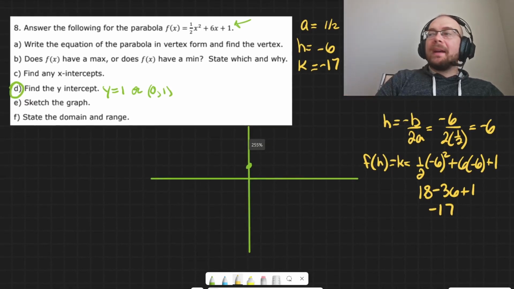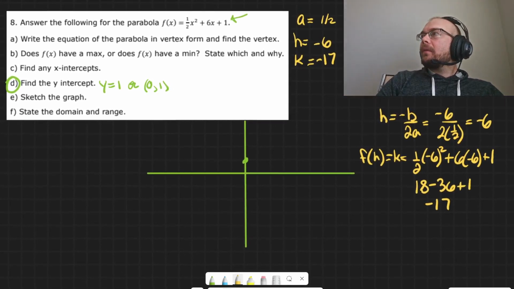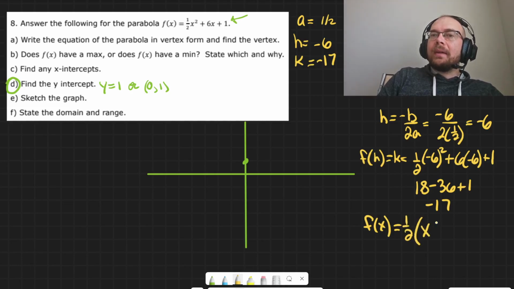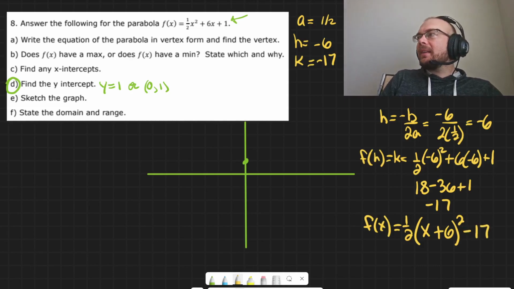Now we have all the ingredients for vertex form. Vertex form is going to be y equals, or f of x equals, a times parentheses x minus h, so x minus negative 6, which is x plus 6, squared, plus k, so plus negative 17, which is the same thing as just subtracting 17.